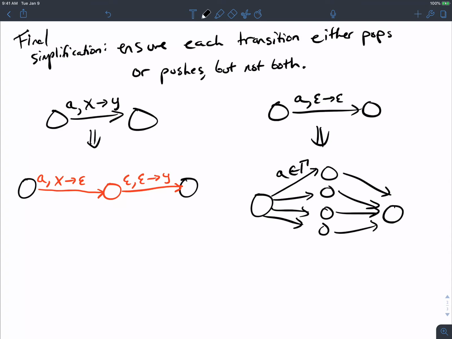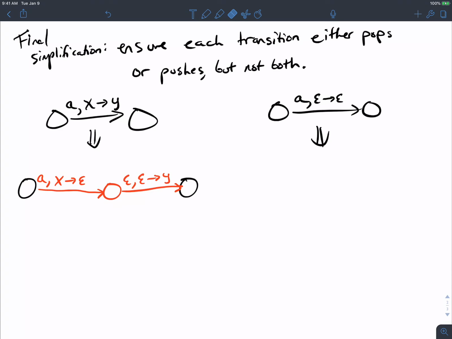But the issue is that we're popping first, and what could be the issue? The stack could be empty. So if we push something, there's never an issue with that. So let's instead push some arbitrary symbol and then pop that same symbol back off. So let's put our red state in again.